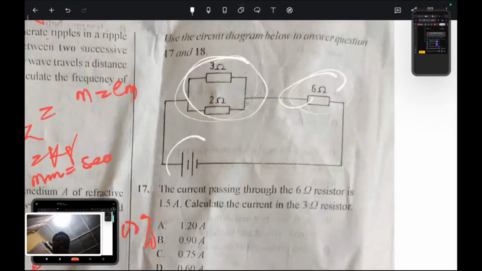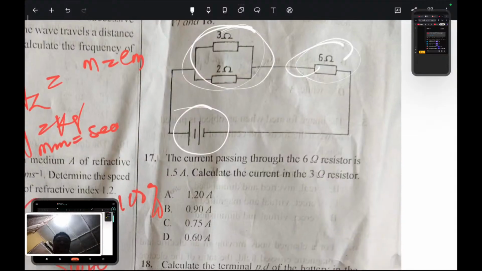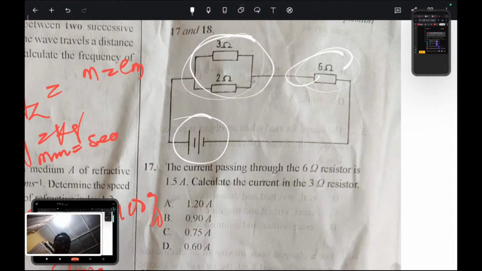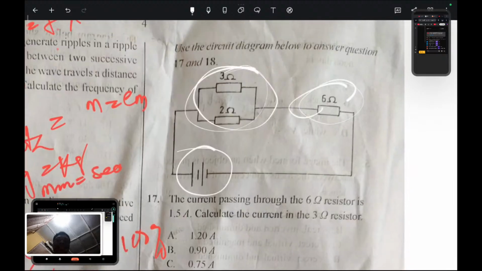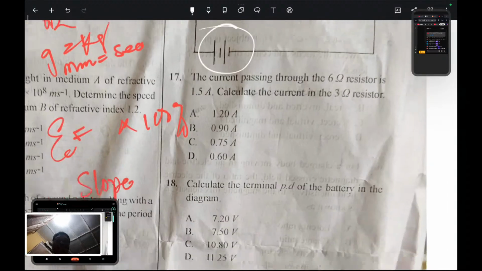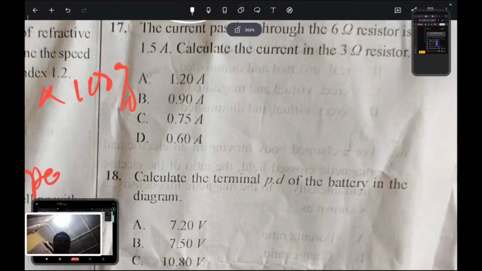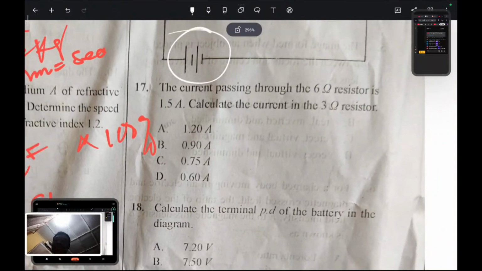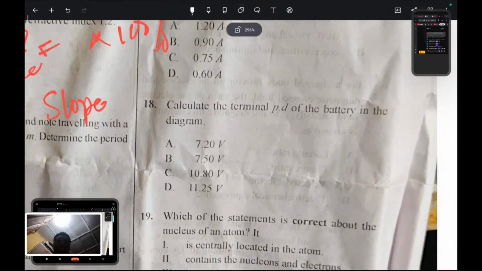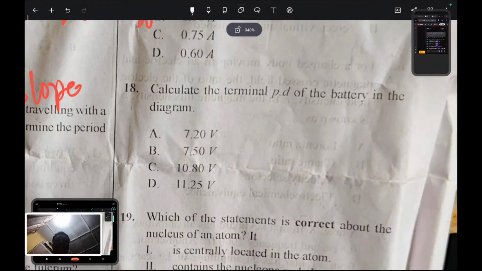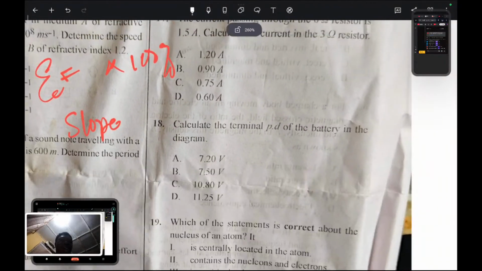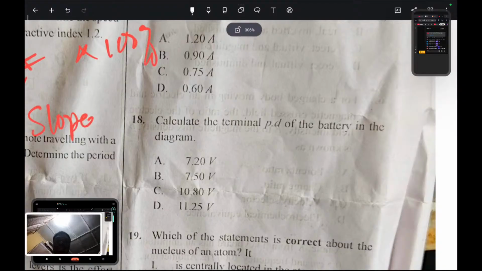So you are calculating the total voltage supplied by the battery into the circuit. Is that clear? Tomorrow, when we come online, I would expect you to drop the answer, and if you're able to solve it before then, you can drop your answers in the comments.